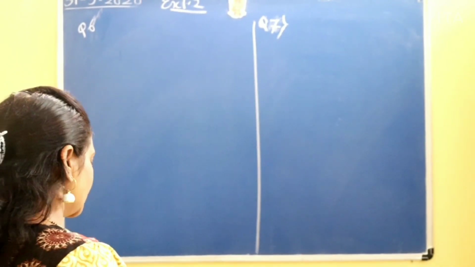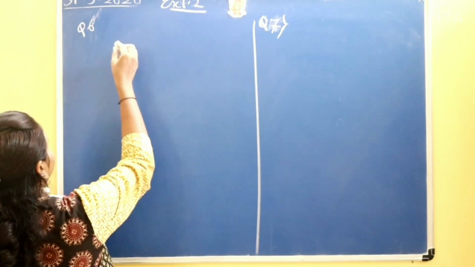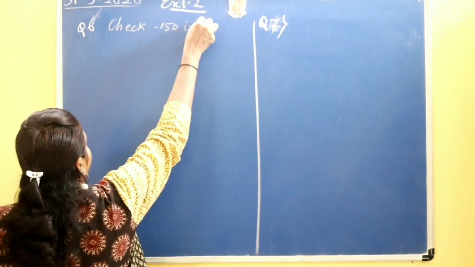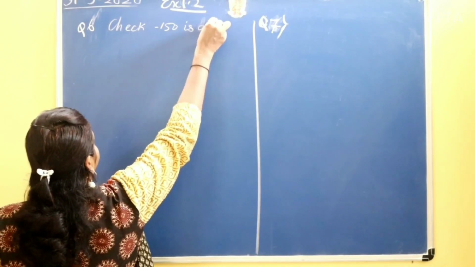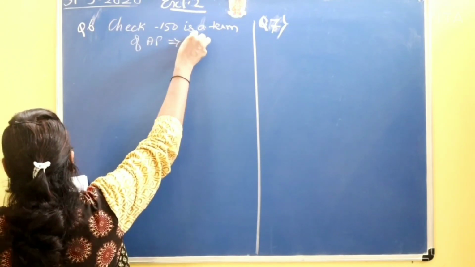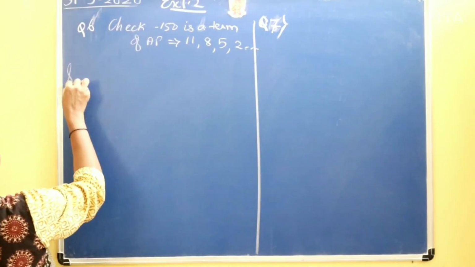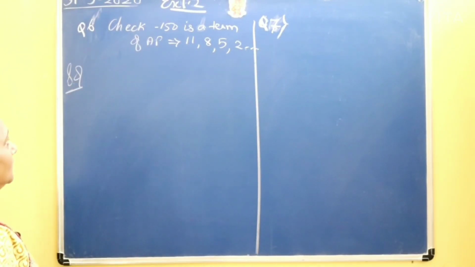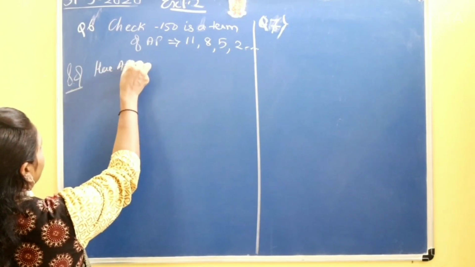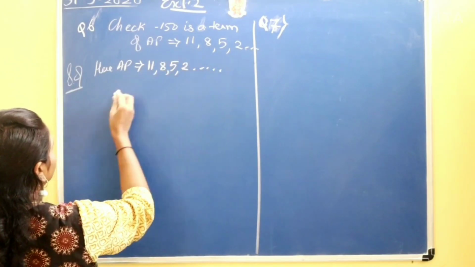Coming to question number 6. Check whether minus 150 is a term of AP. So here we have to check whether minus 150 is a term of the AP, which they have given as 11, 8, 5, 2 and so on.